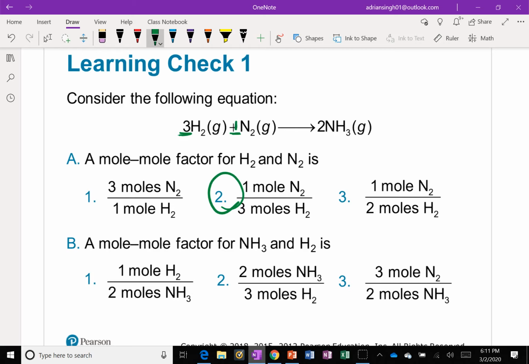And then the relationship between the NH3 and the H2, right? So the NH3 here, we have 2 moles of NH3, and the H2, we have 3 moles of H2. 3 moles of H2 for 2 moles of NH3.